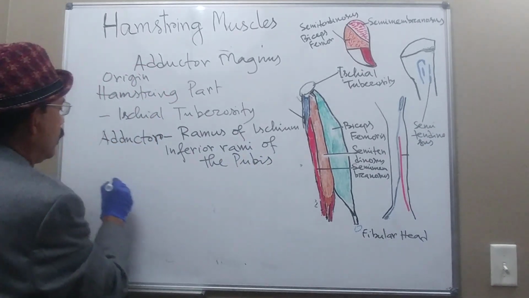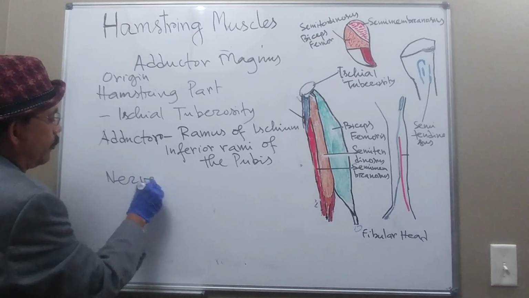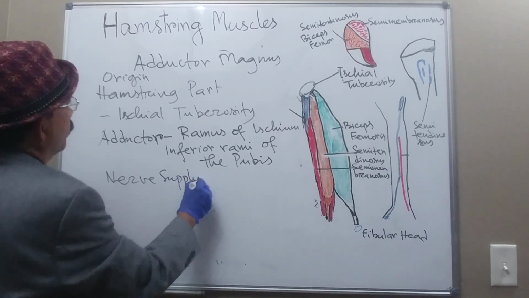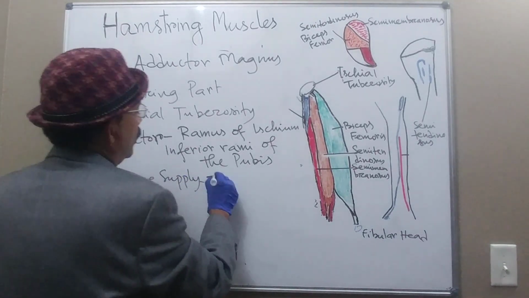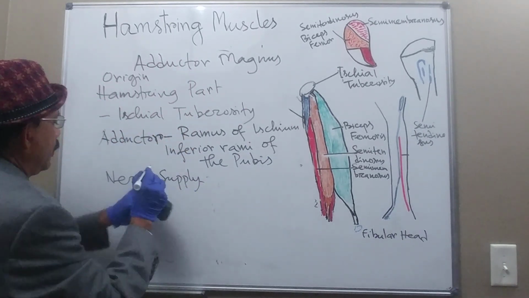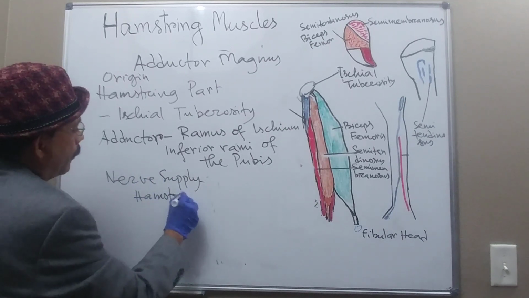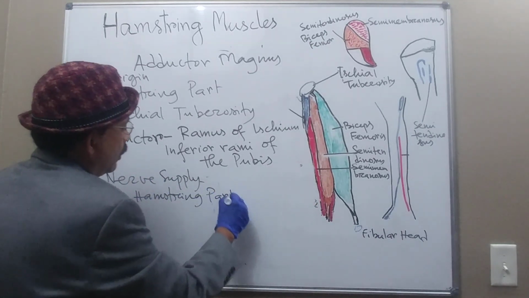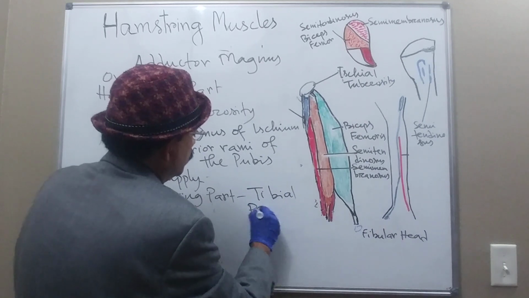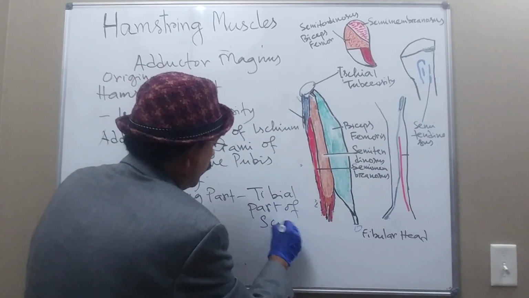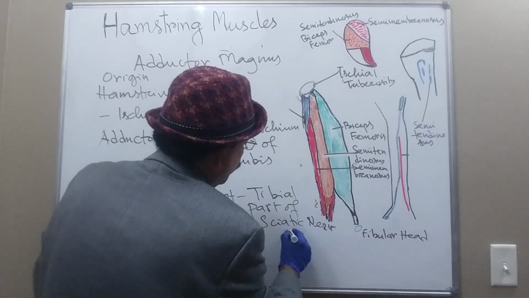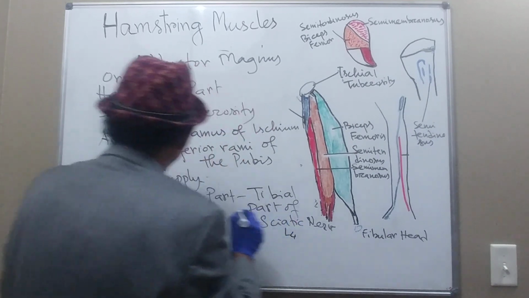Nerve supply is a double nerve supply, because there are two parts. The hamstring part gets nerve supply from the tibial part of the sciatic nerve, and its root value is L4.